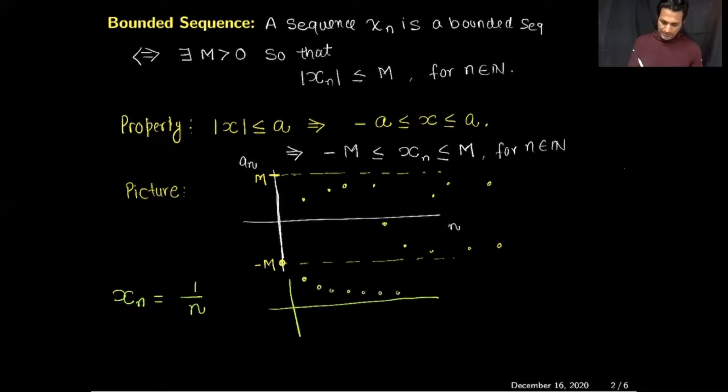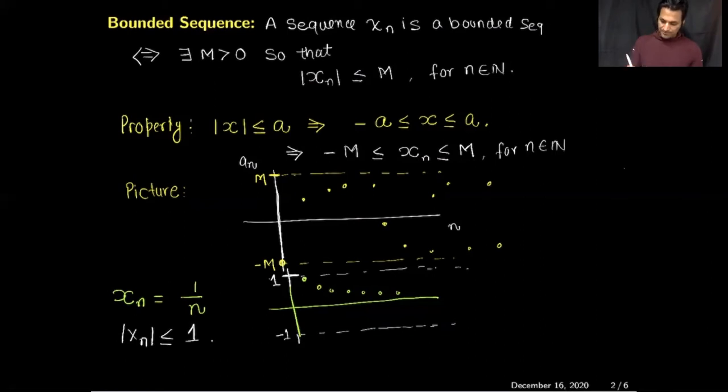I can find two numbers, 1 and negative 1, and all the terms of the sequence lie between these two limits. Therefore, this sequence xn is bounded, and that number m is in fact 1.